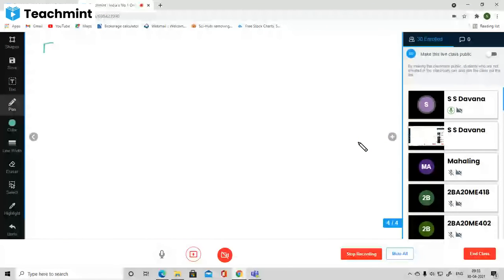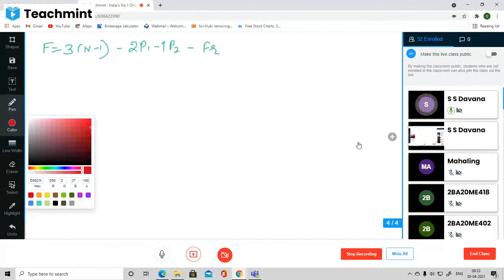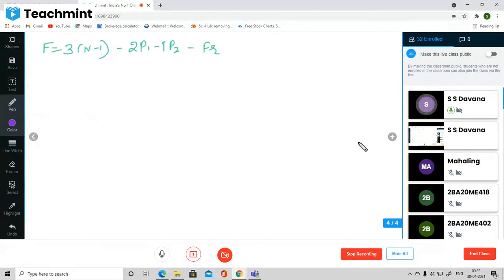F equal to 3n minus 1 minus 2p1 minus 1p2 minus Fr. Now substitute all values and find out the value of F quickly. So 3 times 4 minus 1 minus 2 times p1, which is 3, minus 1 minus 1.